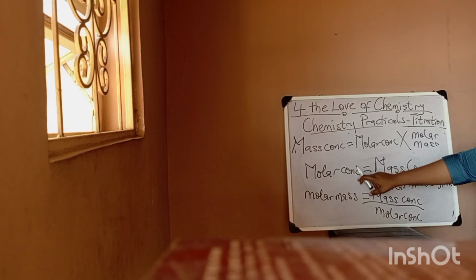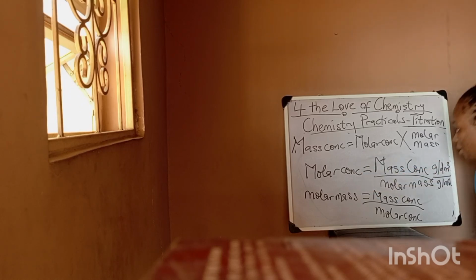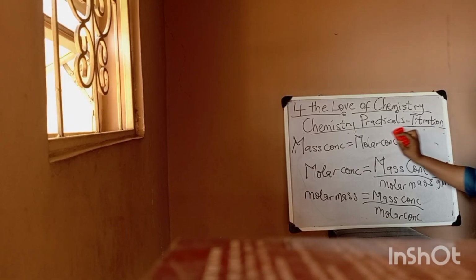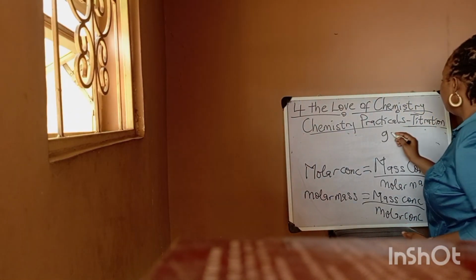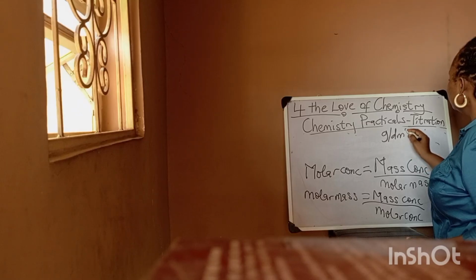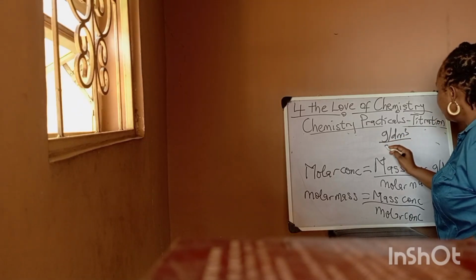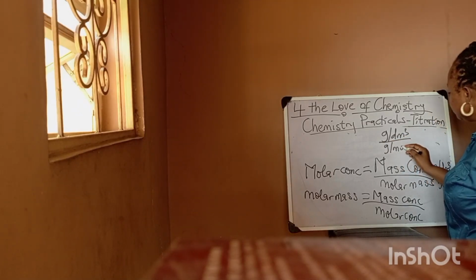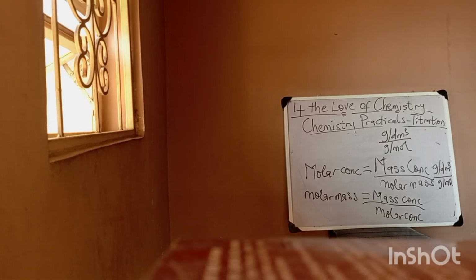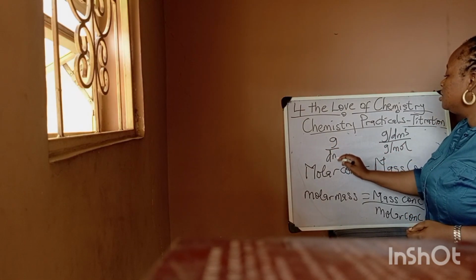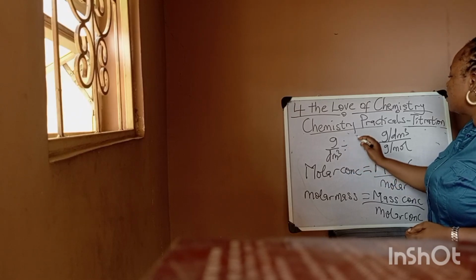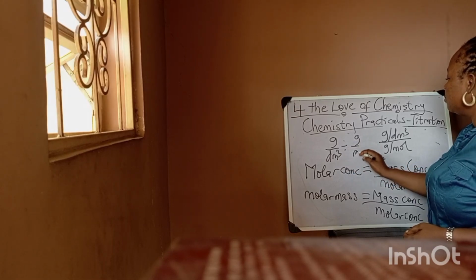If we want to get the unit of molar concentration using this, it is G over dm cubed divided by G over mole.